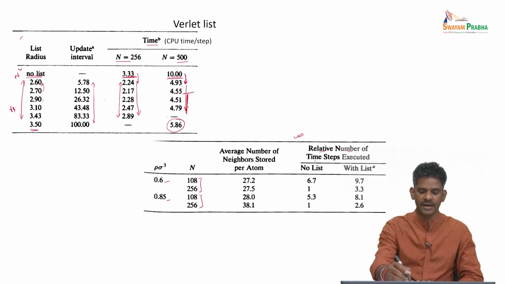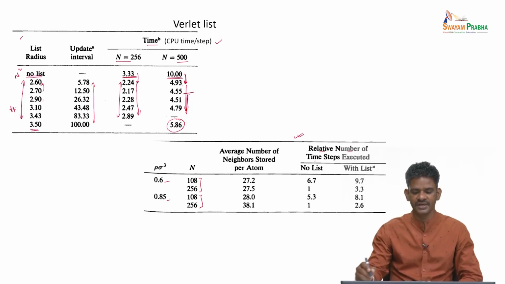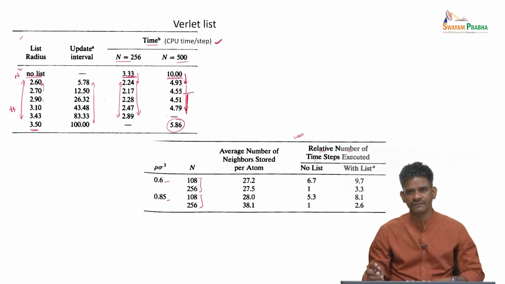So the question we pose here is different. In the earlier case, we asked how much CPU time per step is required, and we compared the effect of R list. In this example, for a fixed computational CPU time, we ask how many MD steps were possible.